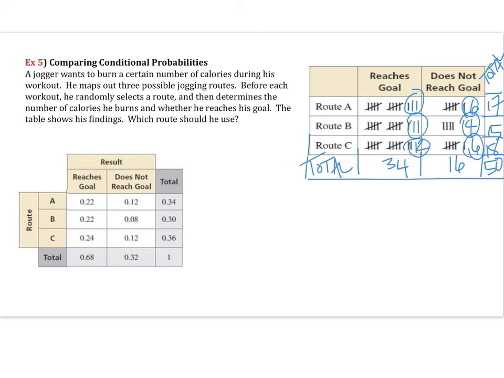Now we want to compare, find the conditional probabilities by dividing each joint relative frequency in the reaches goal column by the marginal relative frequencies in each corresponding row. So for reaches goal route B, we have the route B and reaches the goal divided by route B. So that's decimal 2.2 divided by decimal 3.4, result of decimal 733.